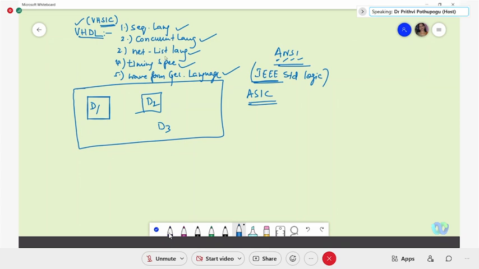From the beginning, many different standards were started, and now the standard available, in the year 1993 until that, it is 1164 standard. Now the latest we need to verify, but this is sufficient enough for the student to import and export the designs.